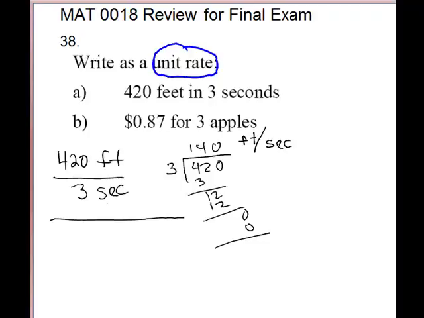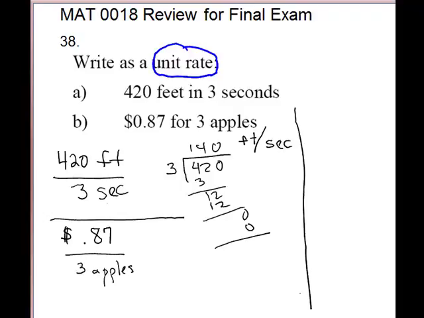Next we'll do the apples, and it is 87 cents for 3 apples. Unit rate wants to know how much for 1 apple. So we're going to divide it out. 3 into 0.87.